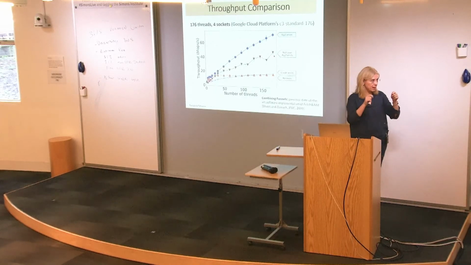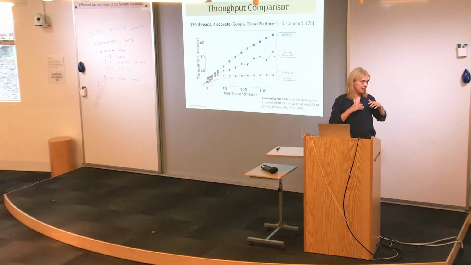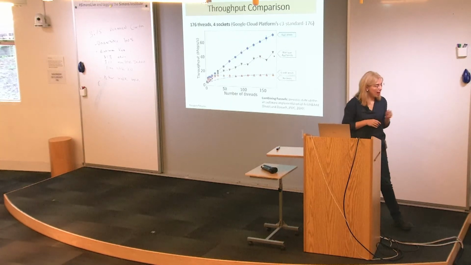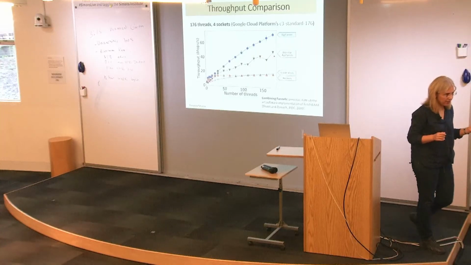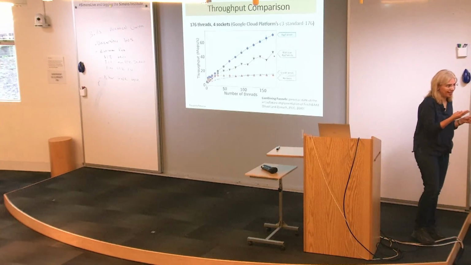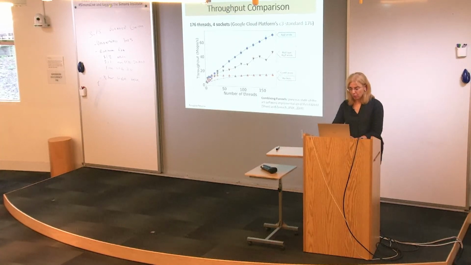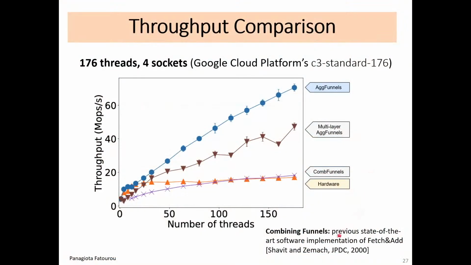The experiments are with the two-level scheme, what I presented, right? The operation will require one hardware fetch and add if you are not the combiner, and if you are the combiner, two hardware fetch and adds, right? Yes, okay. And then we also have combining funnels, which is the previous state-of-the-art software implementation. I'm going to talk a little bit about this later on, and the hardware fetch and add.